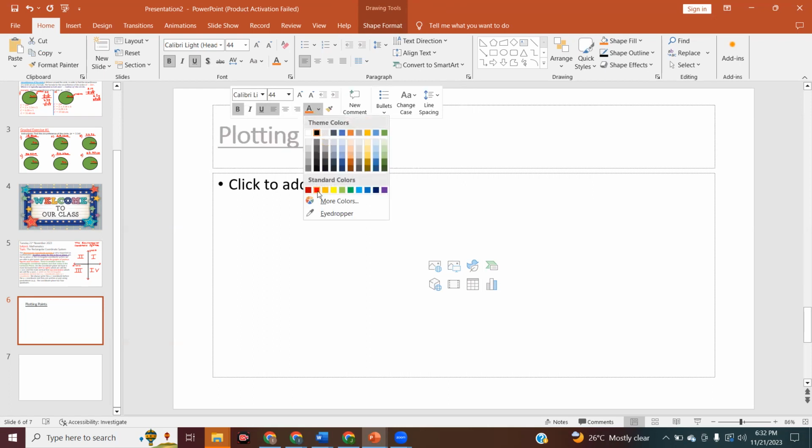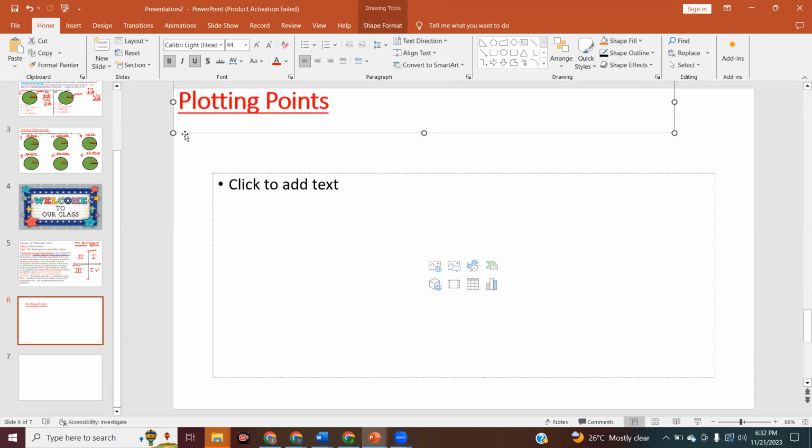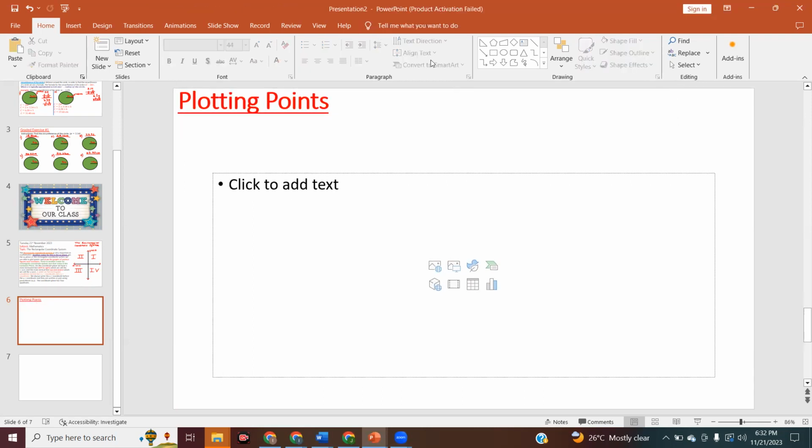Okay, so let's start by plotting points. This is the most important skill that I want you to get tonight. I want you to understand how to plot points on the Cartesian plane. So let's get the XY graph. If you have graph paper, please use the graph paper.